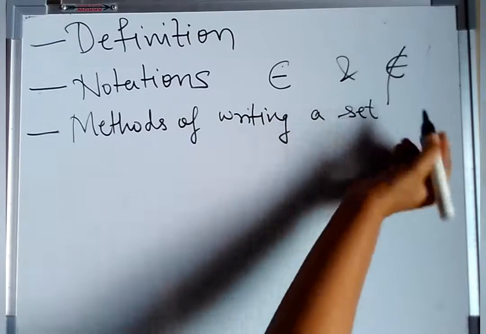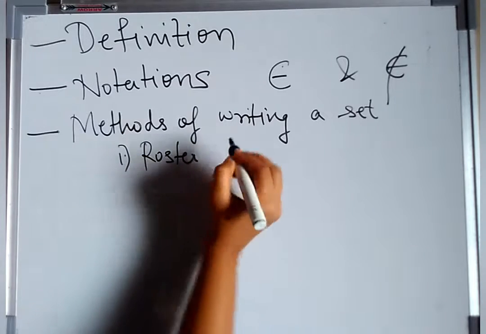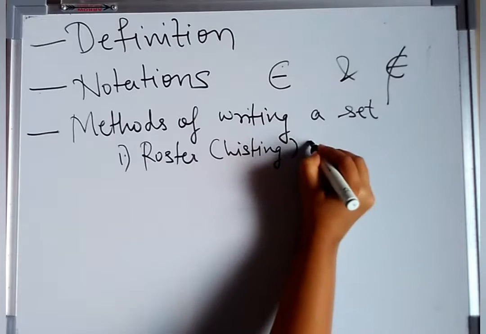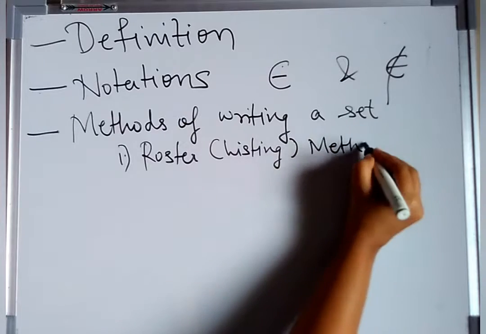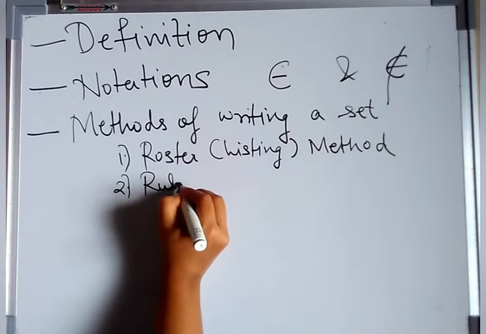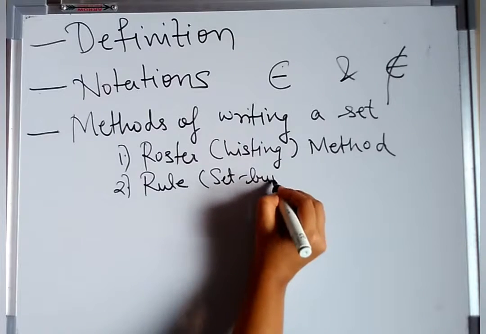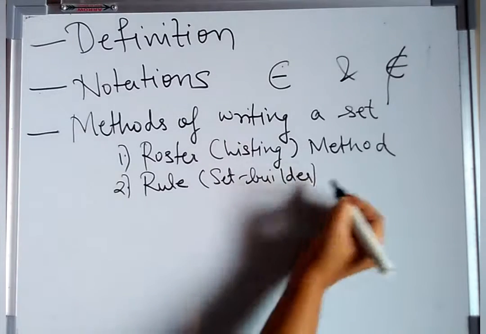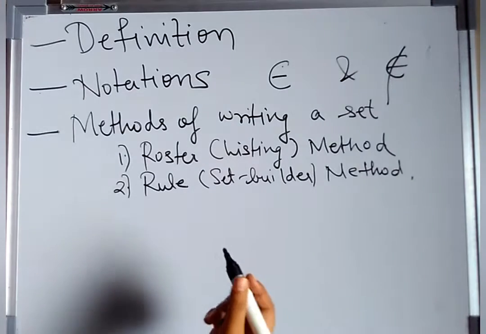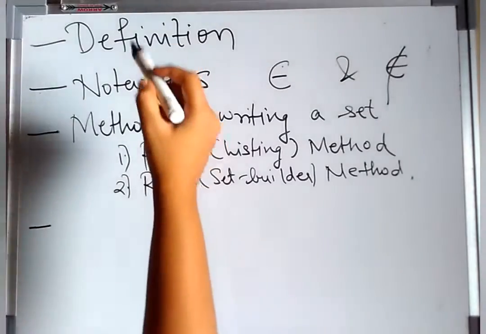And which were the methods? Roster method. Roster means listing. And second one was rule or set builder method.